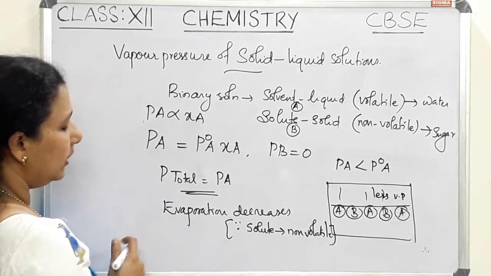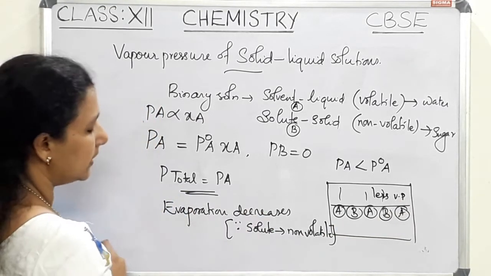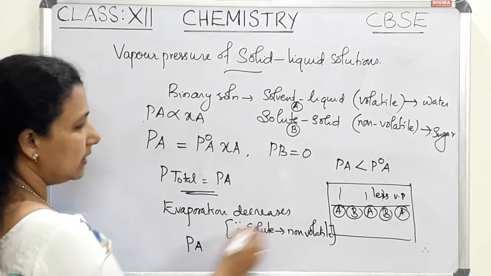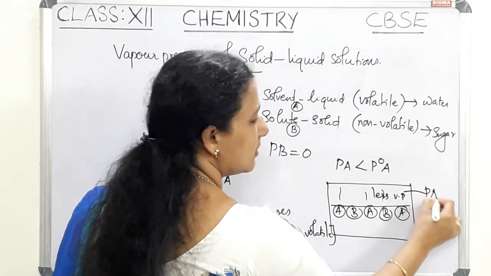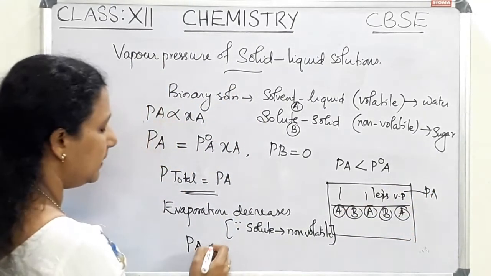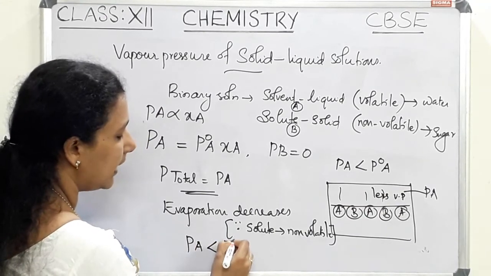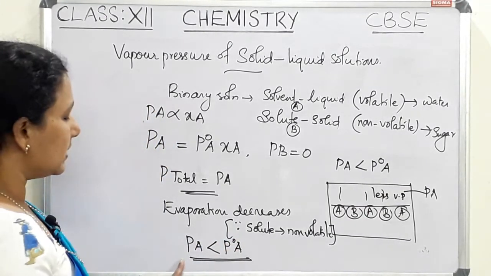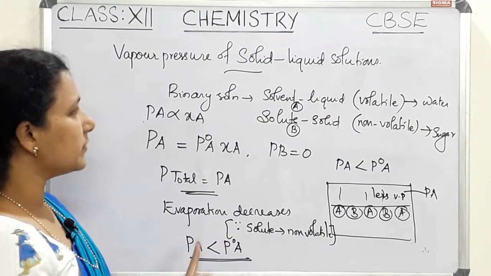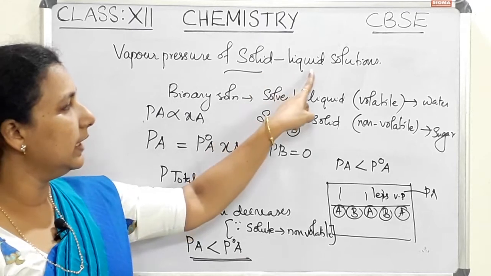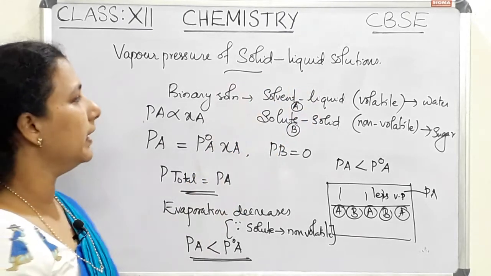So on adding a non-volatile solute, the evaporation decreases, and the vapor pressure in this case will be PA, and this PA will always be lowered, always less than P0A. So this is the case when a solid solute and a liquid solvent are present in a binary solution.